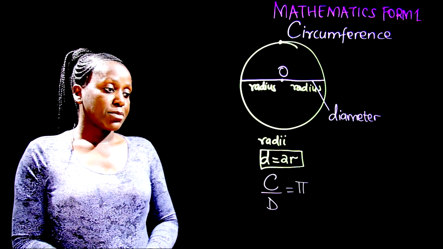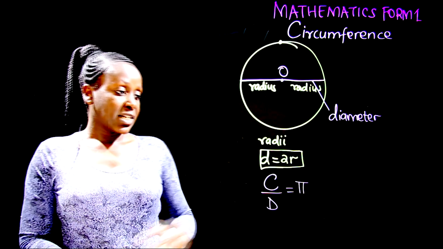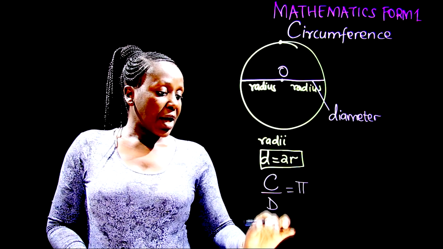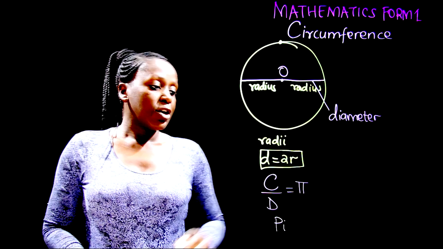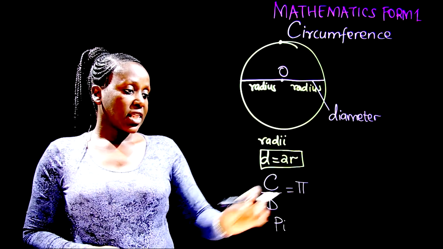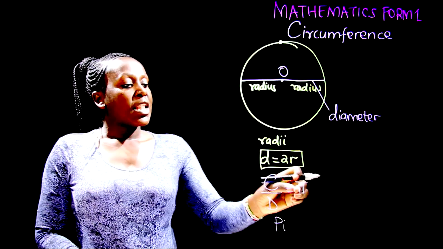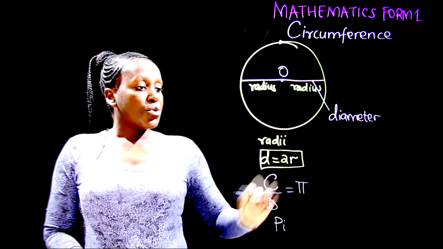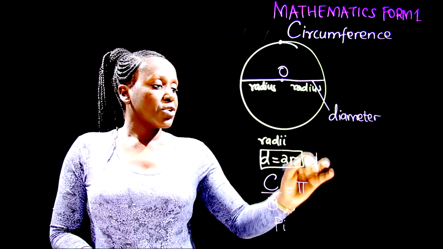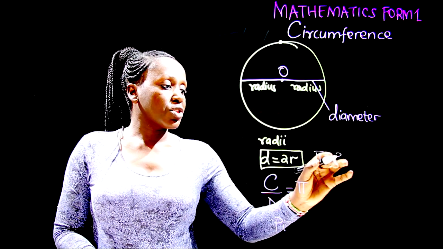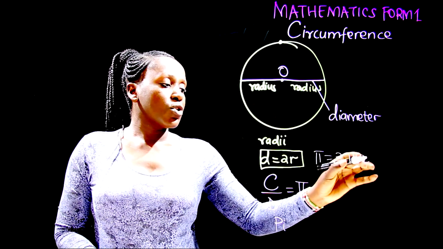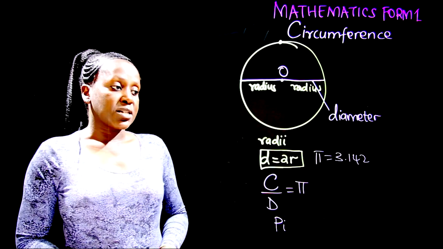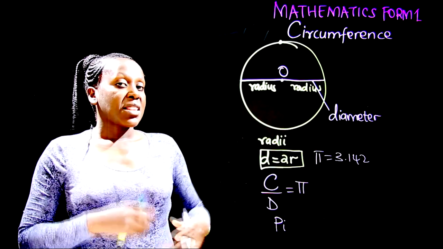And that is how we write pi, which is a Greek letter. The spelling for pi is pi. So pi is a Greek letter that is written like this. Now what is the actual value of pi? You have realized from the video that pi is equal to 3.142 and many other decimal places. So pi is a number that never ends.